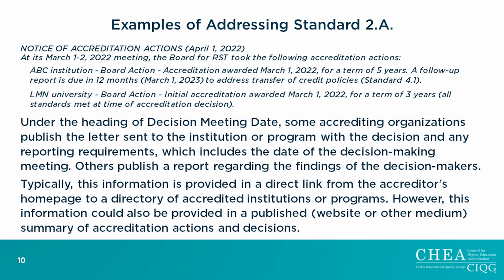The notification should include the dates of the decision-making meeting, the date the information was made public, the term of accreditation, the reason for the term, such as all standards have been met at the time of the decision, and when any reports are due. If standards are identified, for example, as in needing more information or being non-compliant, either the entire standard or a description of the standard, not just the number, is to be identified.